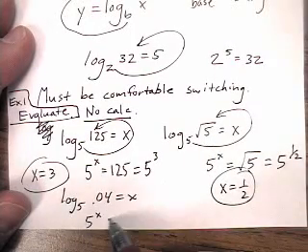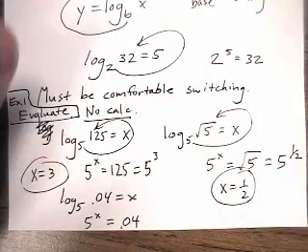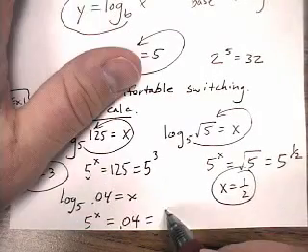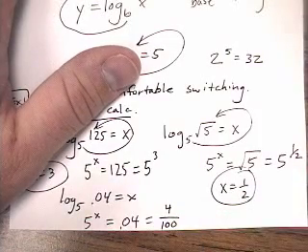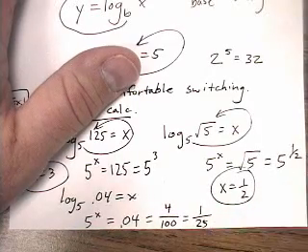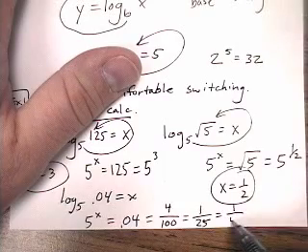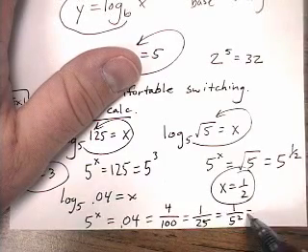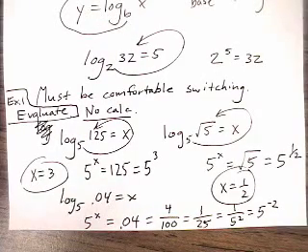5 to the x power equals 0.04. Oh, that's not so nice. That's 4 hundredths, which is 1/25, which is 1 over 5 squared, or 5 to the -2nd power.